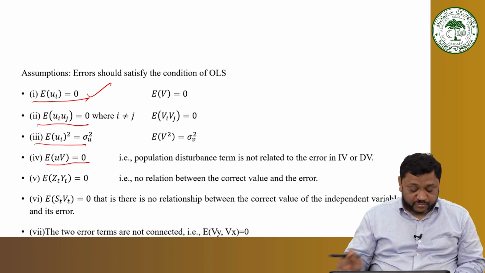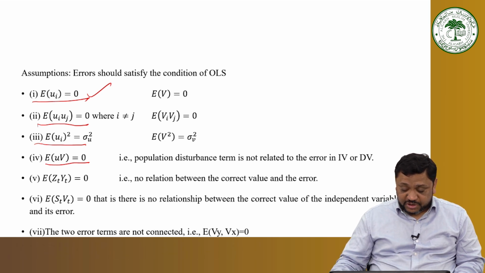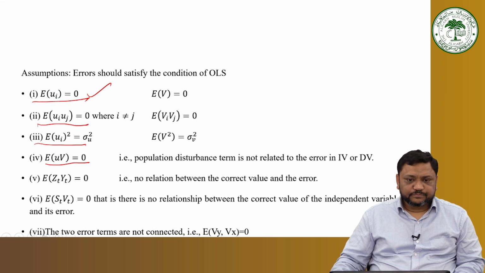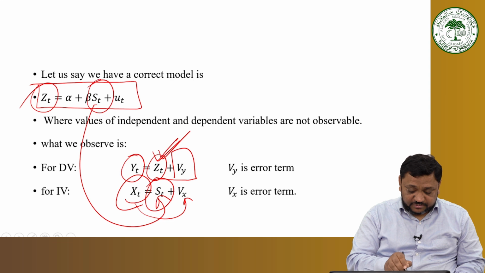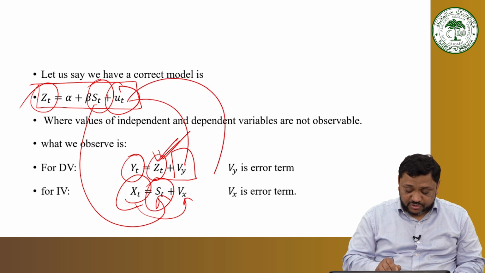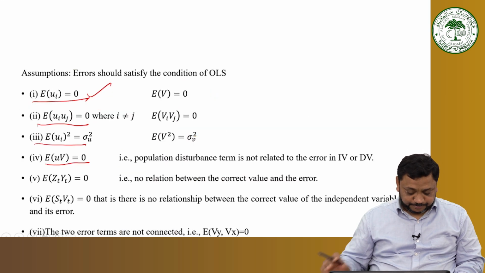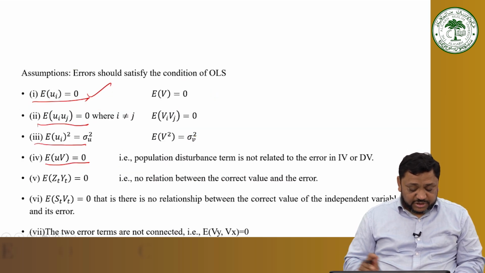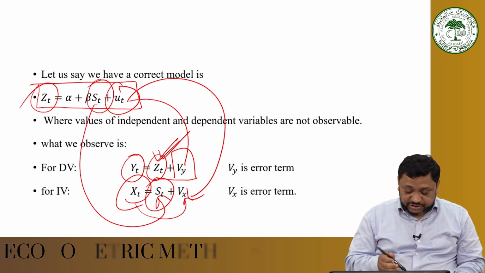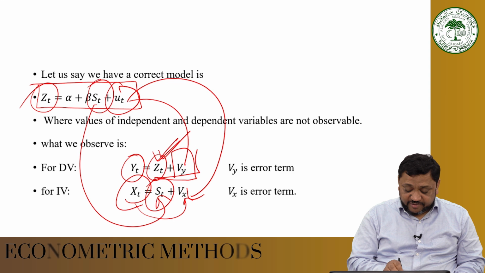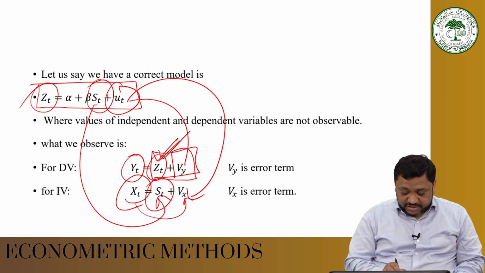Similarly, there is no relationship between u and vx. Then there is no relationship between z and the error term v, and there is no relationship between s and vx.